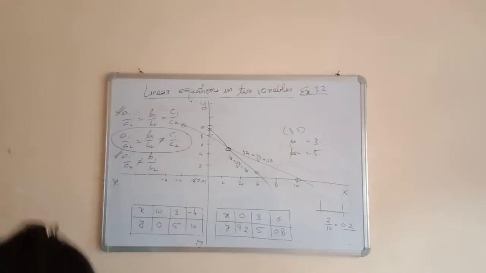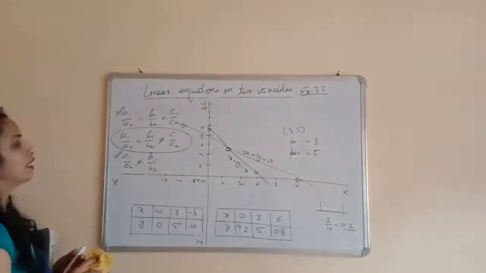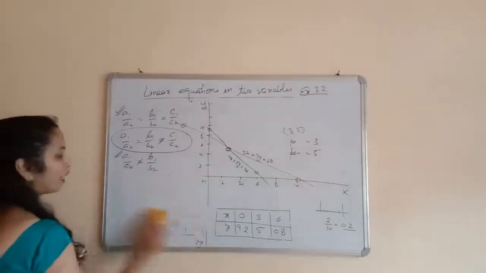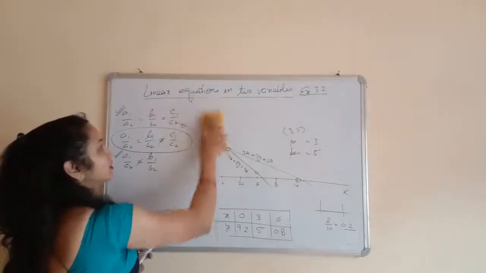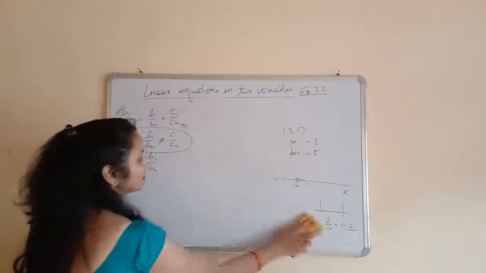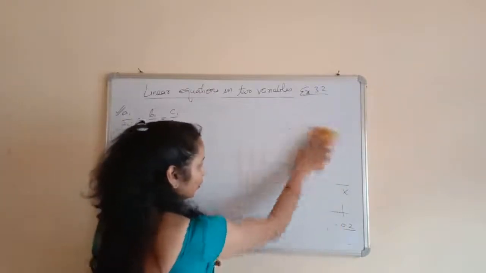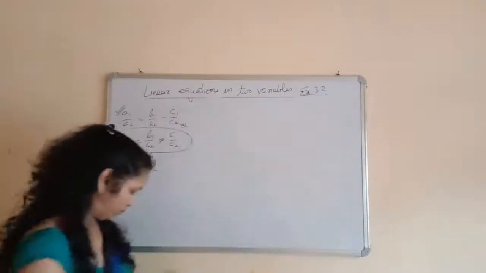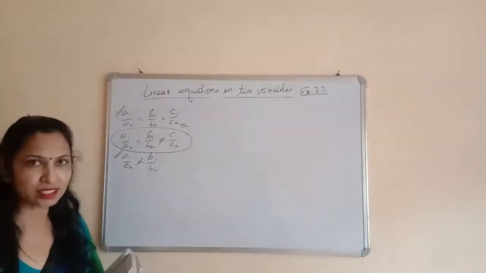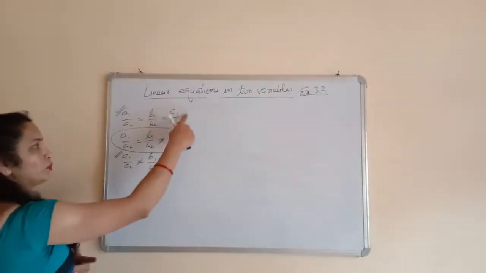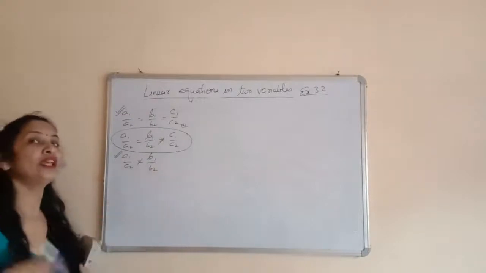So again, you have to remember that intersecting lines and coincident lines are consistent and parallel lines are inconsistent. In question number 3, you have to say whether the equations are consistent. Consistent will be coincident or intersecting, or inconsistent.